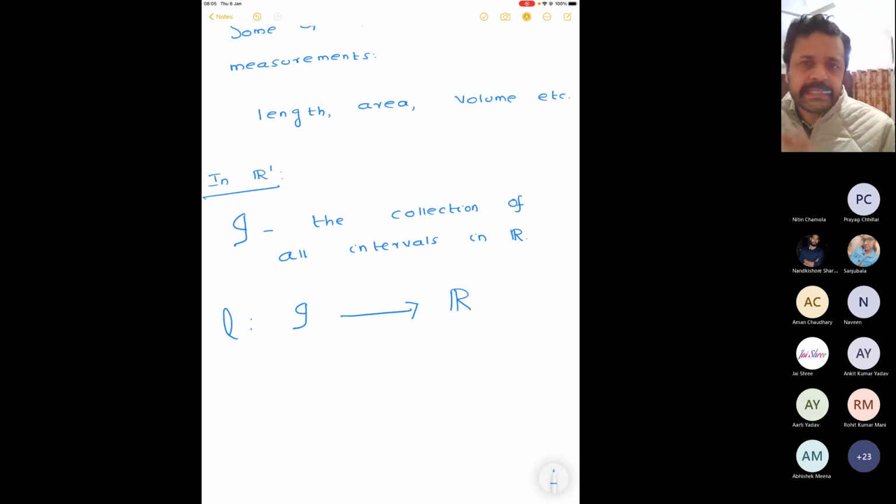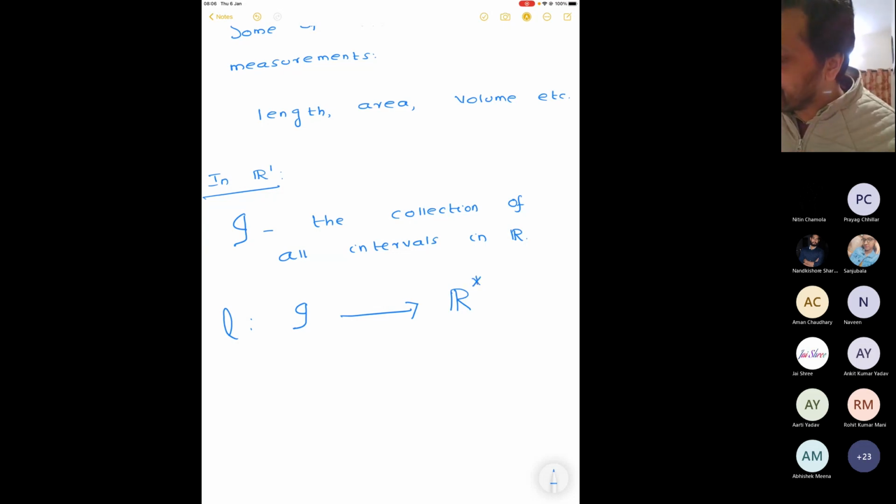I have to slightly polish this. Suppose I allow the intervals to be unbounded. Say, for instance, I can take the entire R to be an interval. In that case, as you know, the length is infinity. So I would like to allow the length to be infinity as well.